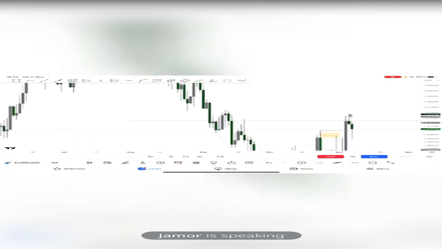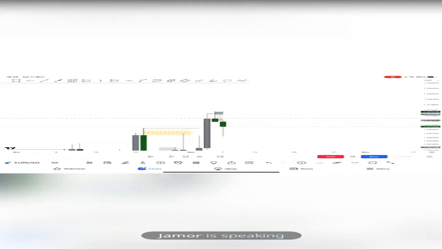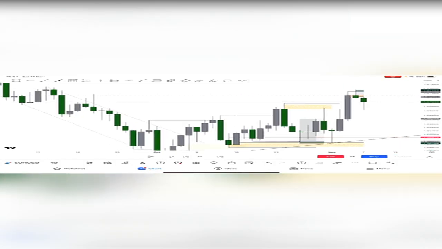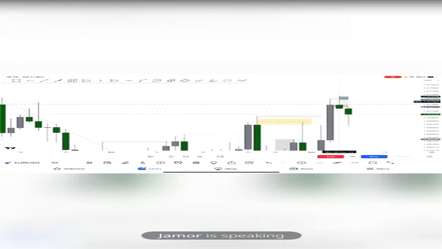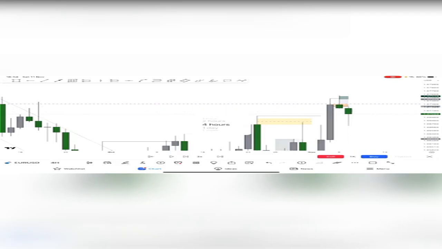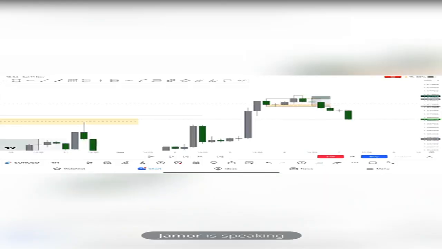So now we have this structure rejected off the other one and closed bearish, expecting another sell candle to follow. And then at midnight of the new day, we had a sell. So whatever we're looking for here would be a continuation of that sell, same time.